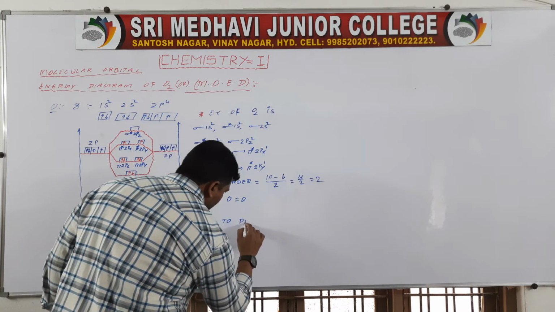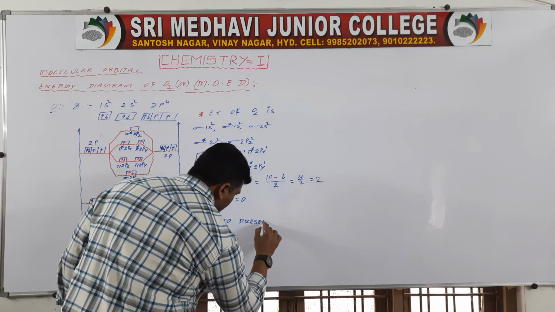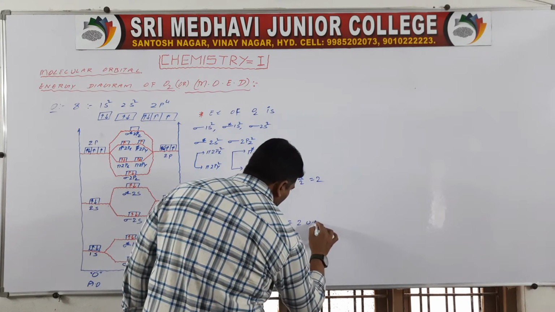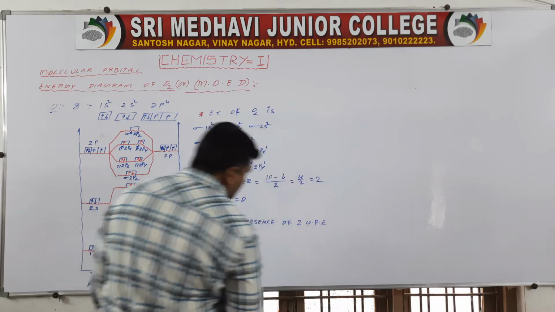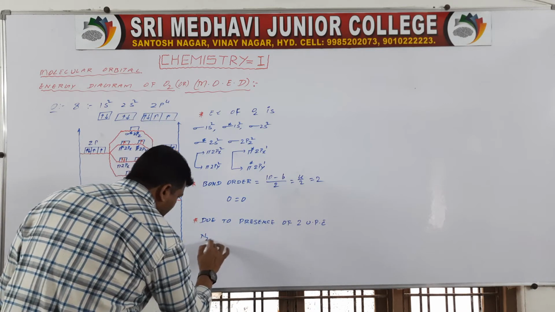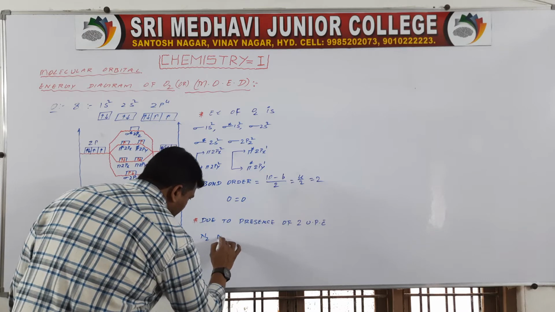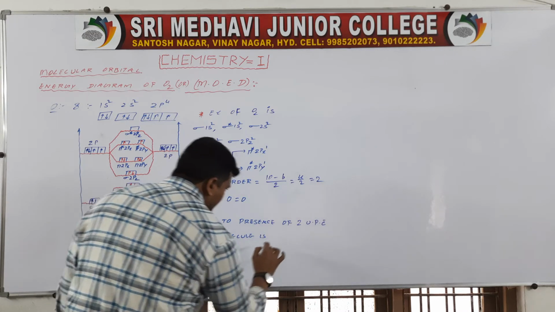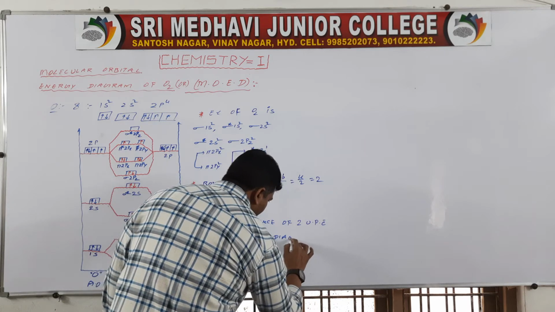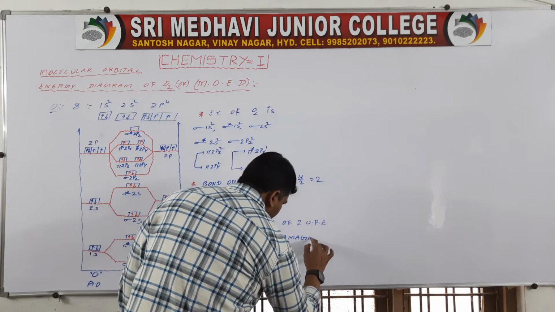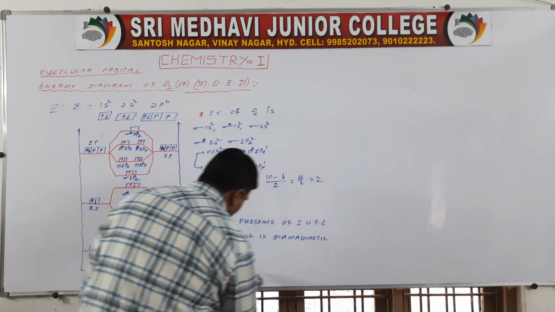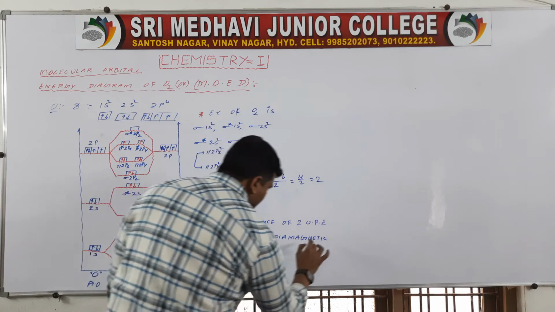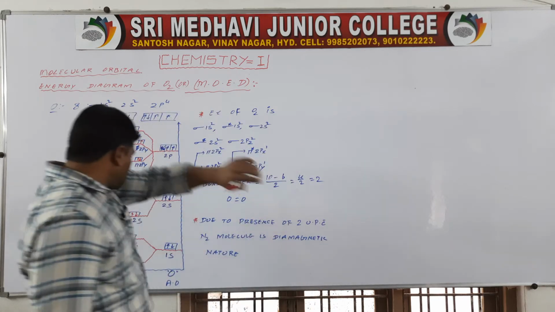Due to the presence of 2 unpaired electrons, the oxygen molecule is paramagnetic, whereas the nitrogen molecule is diamagnetic in nature.